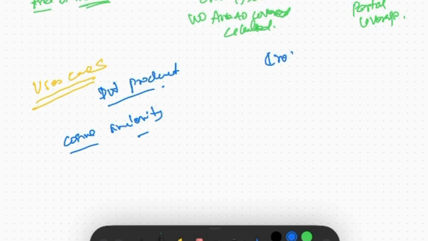Now for the cross product, where is it used, what is the use case? Mostly to find surface normals or depth direction in computer vision, and to calculate orientations, like I can write it here for you.